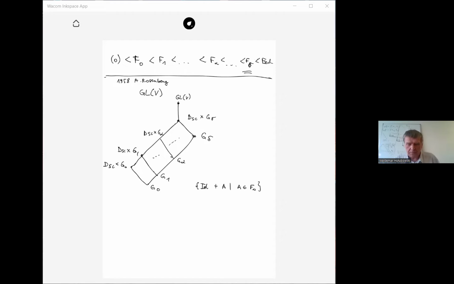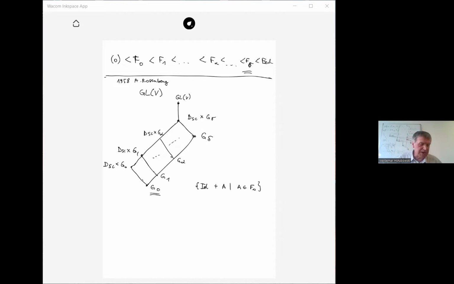And the answer of Rosenberg was such that above the G0, these are the only normal subgroups of GLV. The problem was what is below G0.